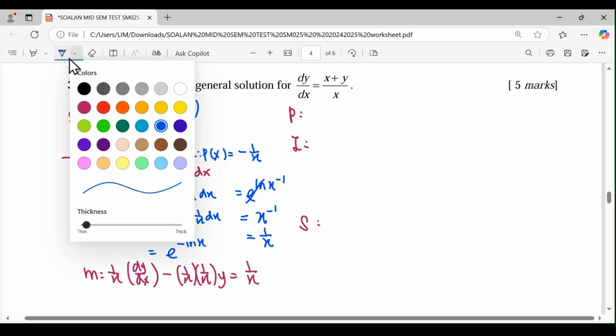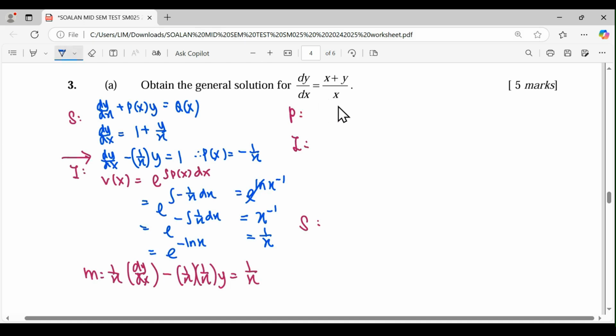Then continue, write out our product rule. How will the product rule formula be? It will be d/dx of v(x) times y, which is 1 over x times y, equals to the right hand side, 1 over x. Then how do we get rid of the d/dx, the differential term? We integrate both sides.